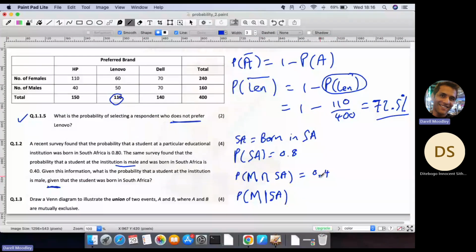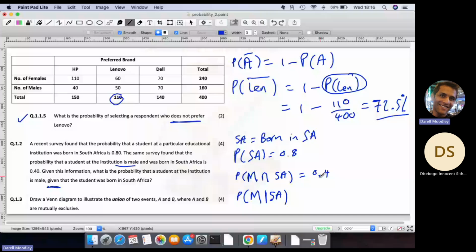And we did this conditional rule earlier, because we use the same formula to work on conditional probabilities, which is, remember, probability of male and being born in South Africa all over probability of being born in South Africa.